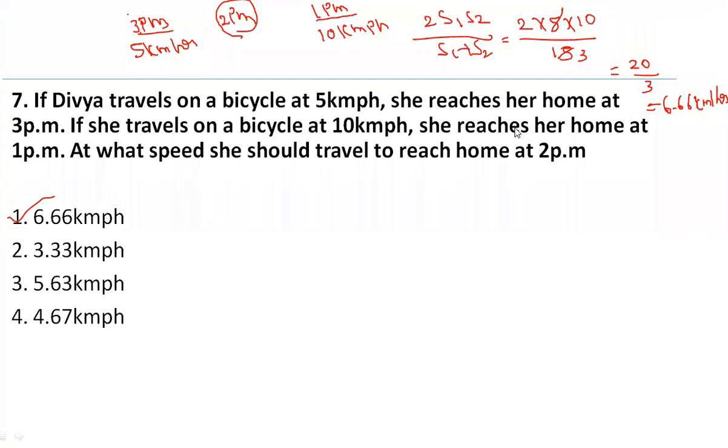As 2 p.m. is exactly in between 3 p.m. and 1 p.m., you can use the average speed formula. That's a shortcut. We have the conventional method also. I'll tell both.